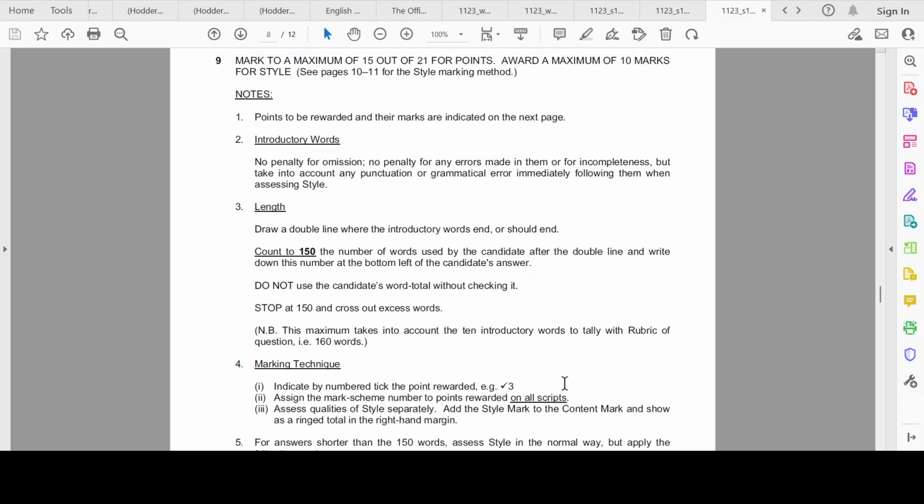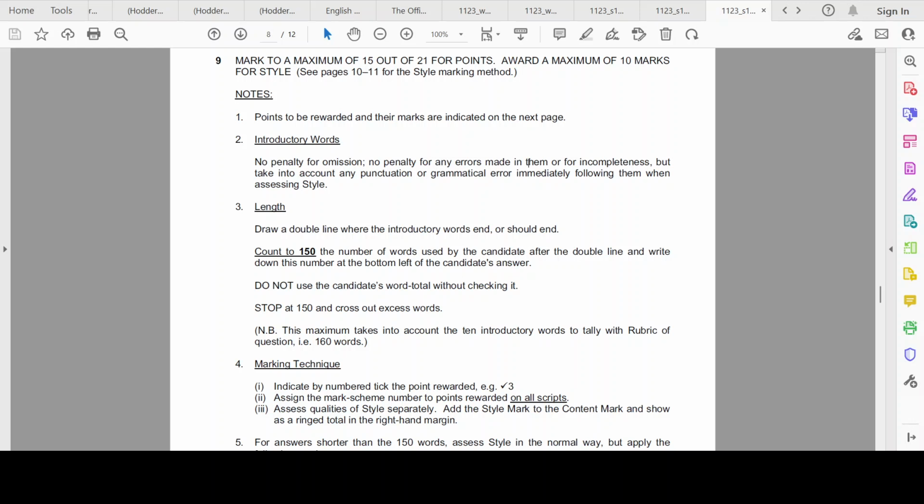Okay, maximum mark of 15 out of 21 for points. So they're expecting you to find 15 out of 21. So we can adjust it according to our needs.